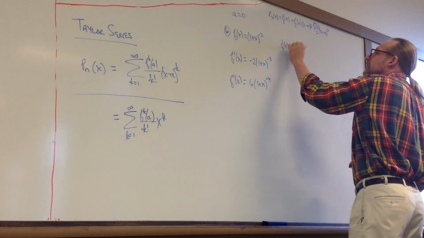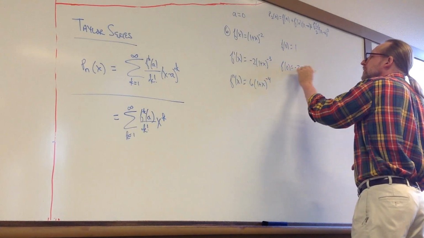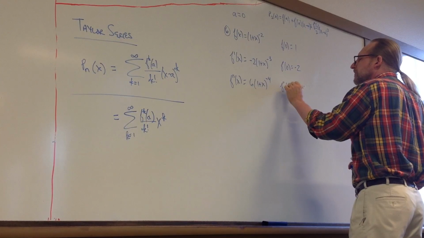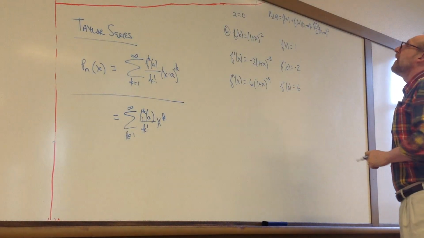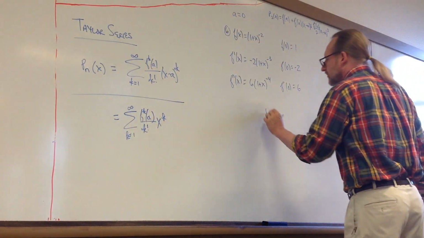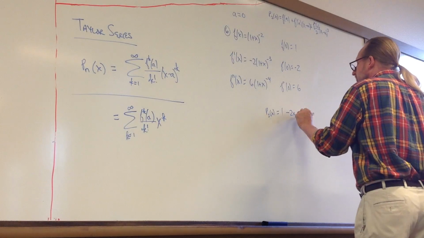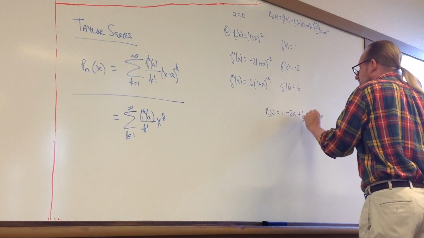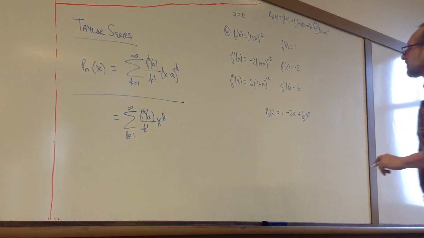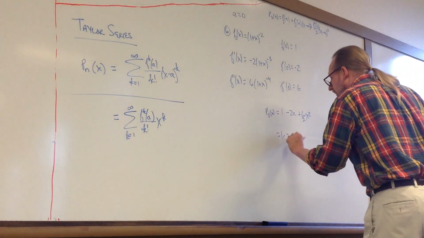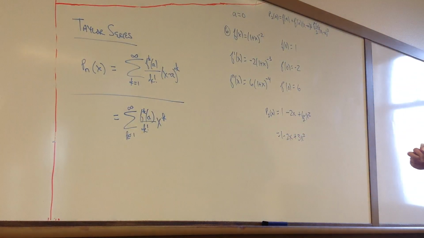So f of 0 is going to be 1, f prime of 0 is going to be negative 2, f double prime of 0 will be 6. Then our P2 of x will be 1 minus 2x plus 6 over 2 x squared. Don't forget this divided by 2 here. So 1 minus 2x plus 3x squared.